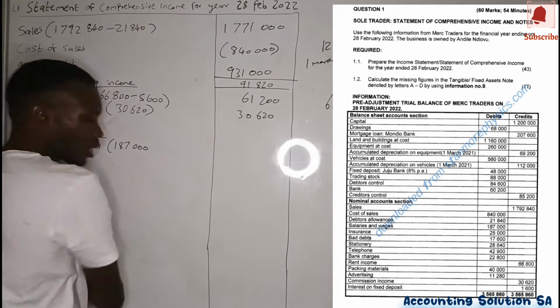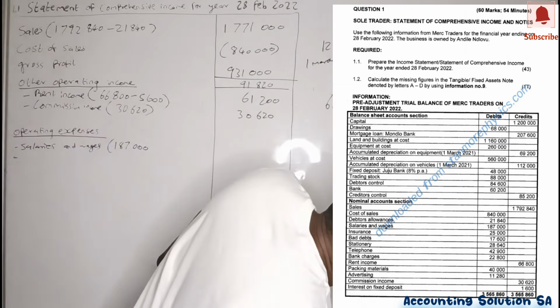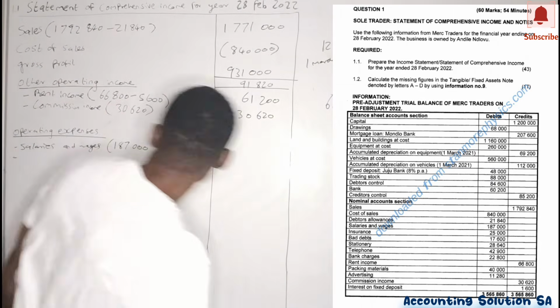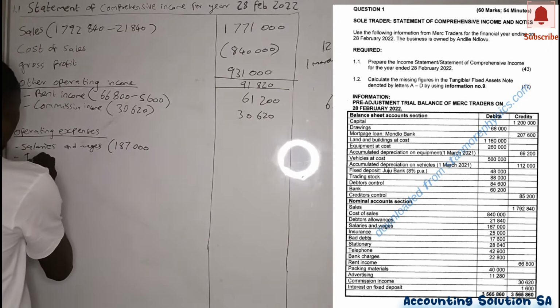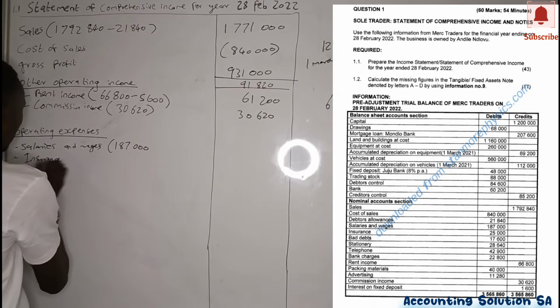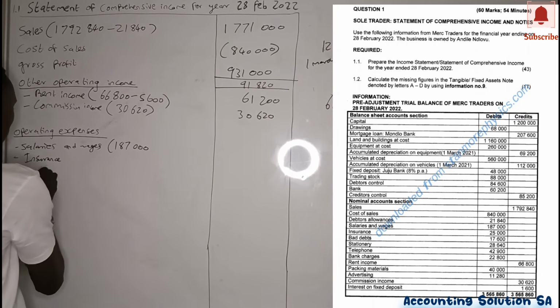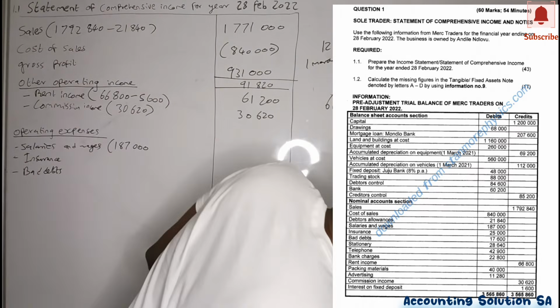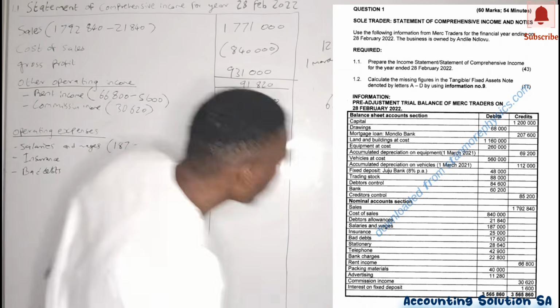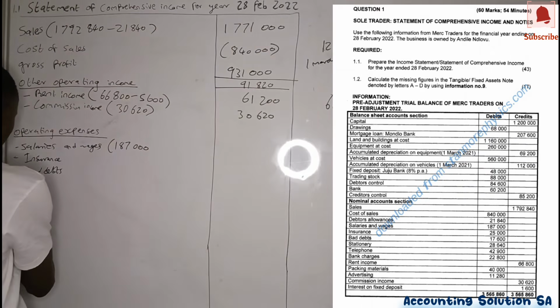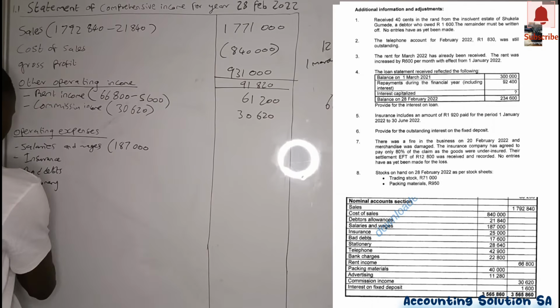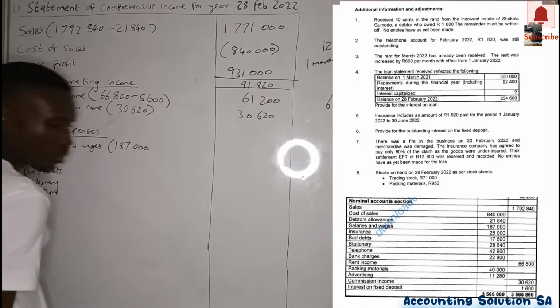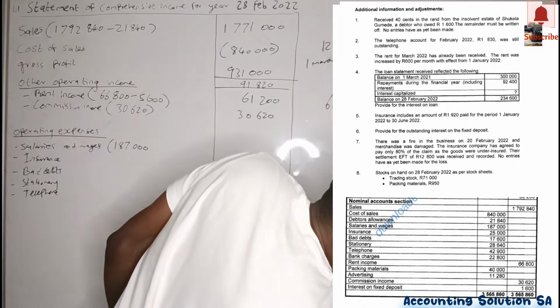187,000. Okay, then another one that we have: insurance, and we also have bad debt. Another one, we have stationery and telephone. Okay, what else?